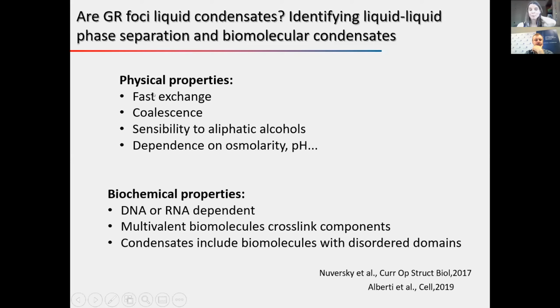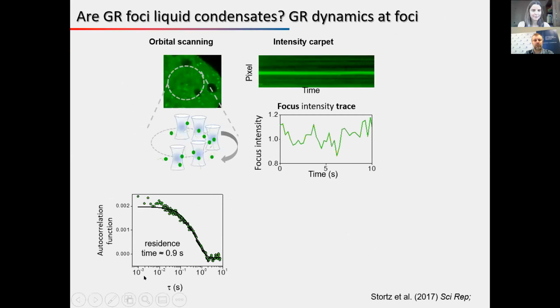For example, among the physical properties, liquid condensates generally show fast exchange of molecules with the environment. Coalescence means that two different phases come together like two oil droplets in water. They are sensitive to aliphatic alcohol, and they depend on other physical parameters of the medium, such as osmolarity, pH, etc. Regarding the biochemical properties, I will talk a little later.